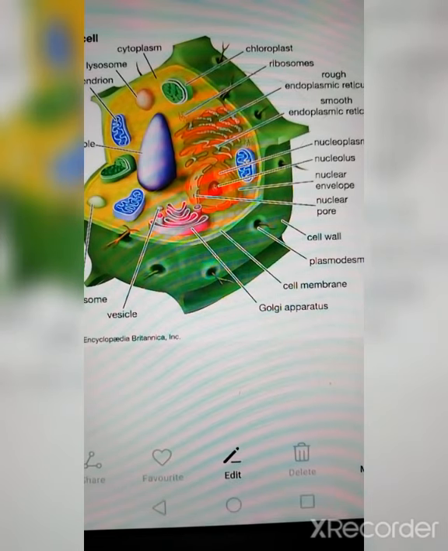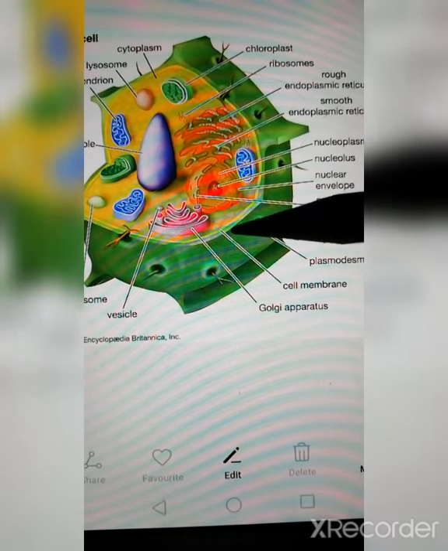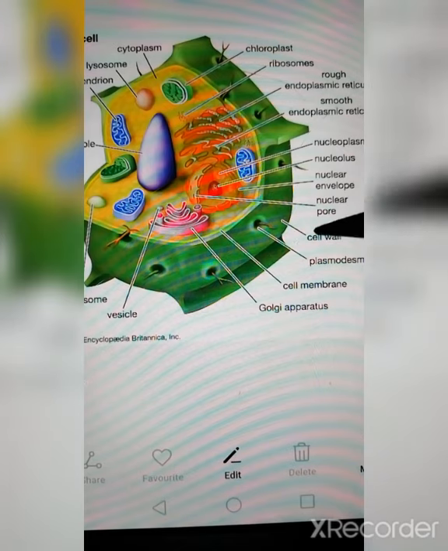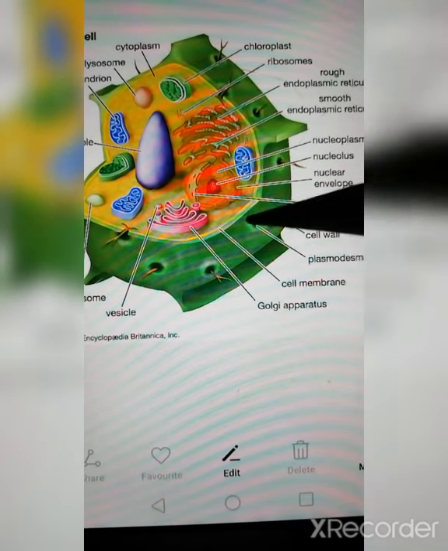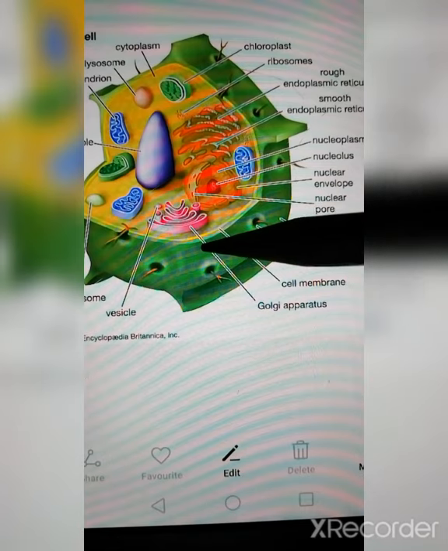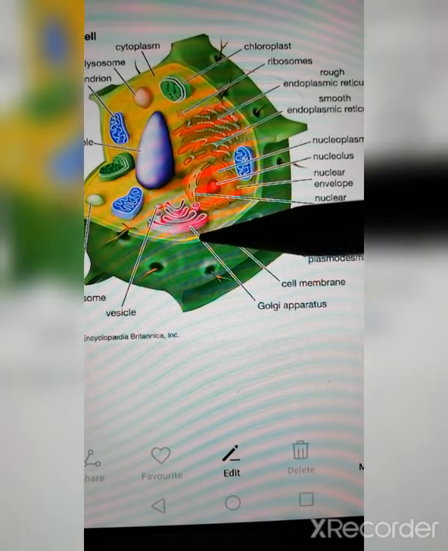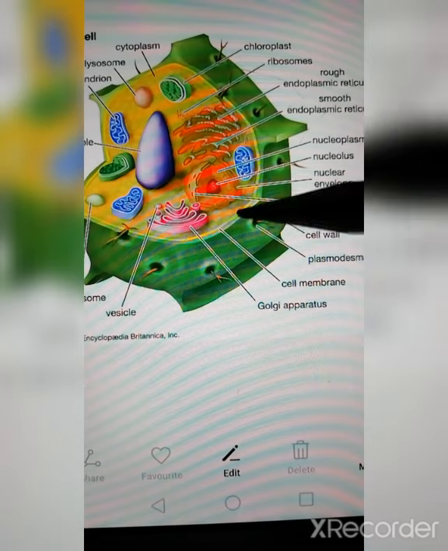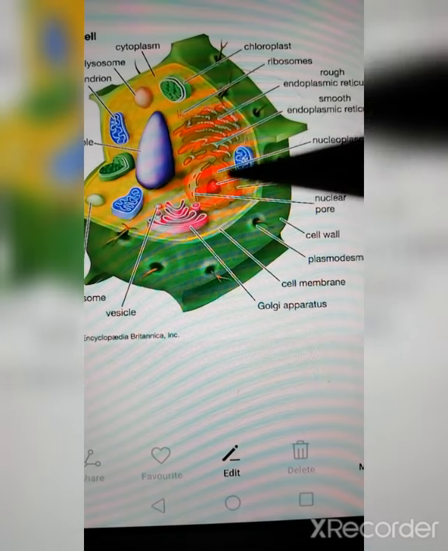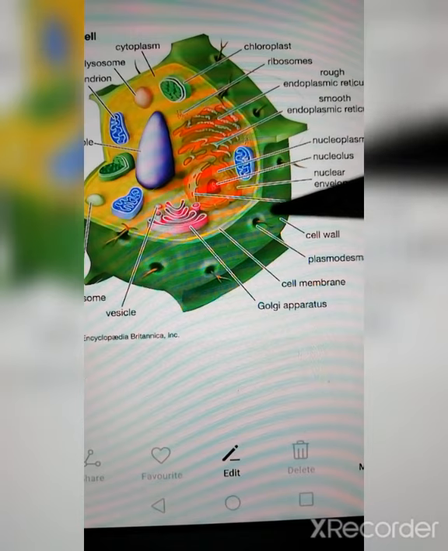So the second part of the cell is cell membrane, which you can observe here. It is below the cell wall. So friends, the cell membrane is also known as the plasma membrane. You can observe the cell membrane in the yellow lining over here, which differentiates the cytoplasm from the external environment.